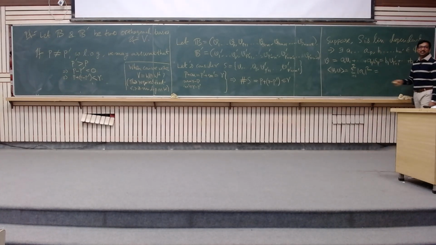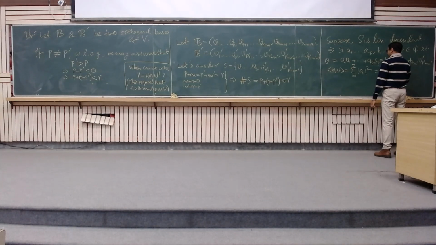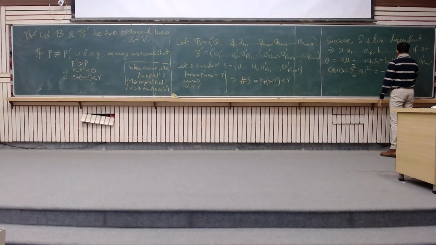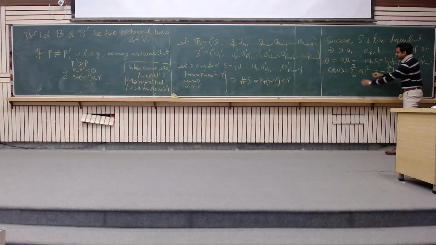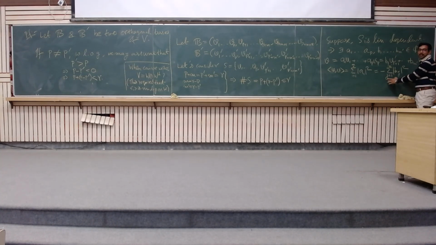And what do you get here? Exactly, so here we will get the summation of |bj|^2, j running from 1 to m'. So this is something positive and this is something negative. So this is only possible if both are 0.